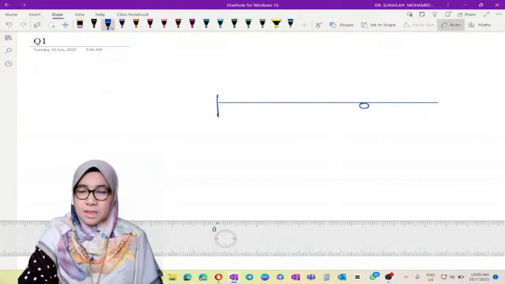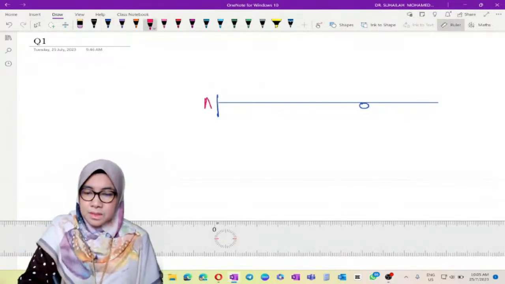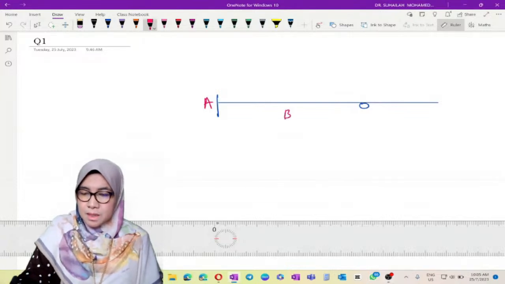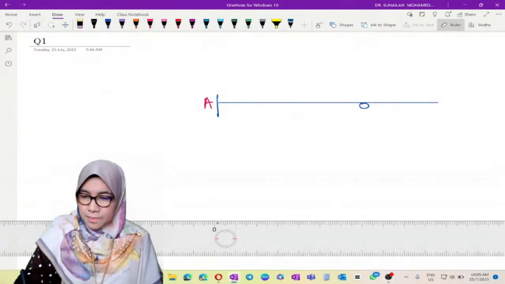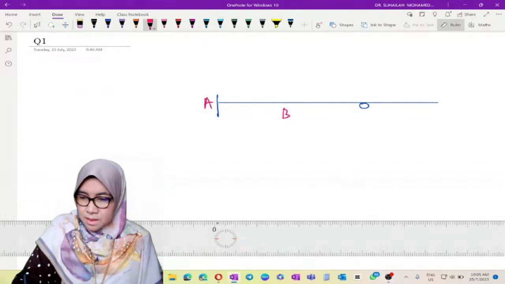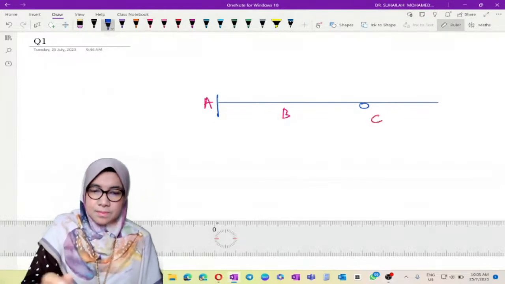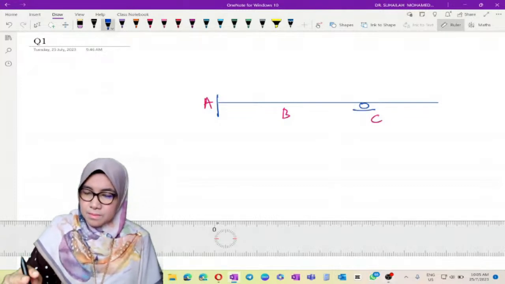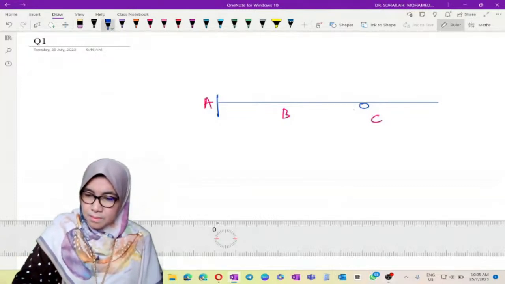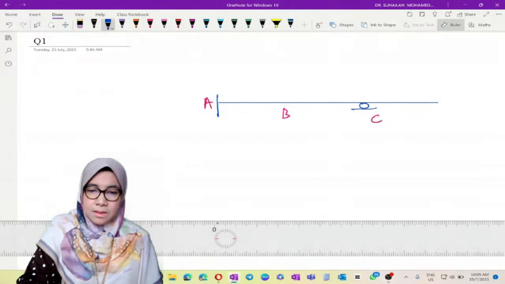Fixed, roller here. So this is A, B, C, and D.